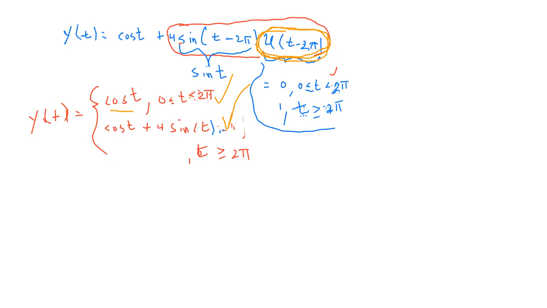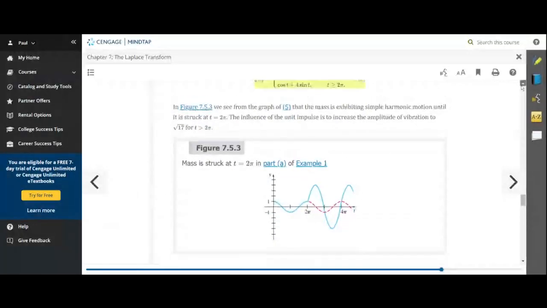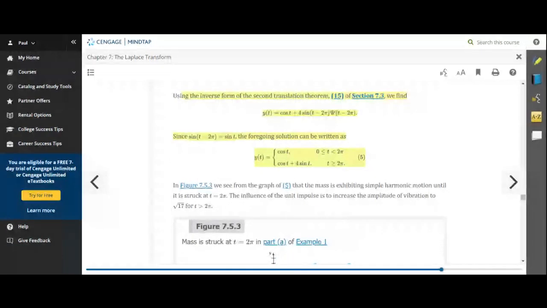So, okay, now we go back to the problem. And now we've justified this function, why it is what it is.